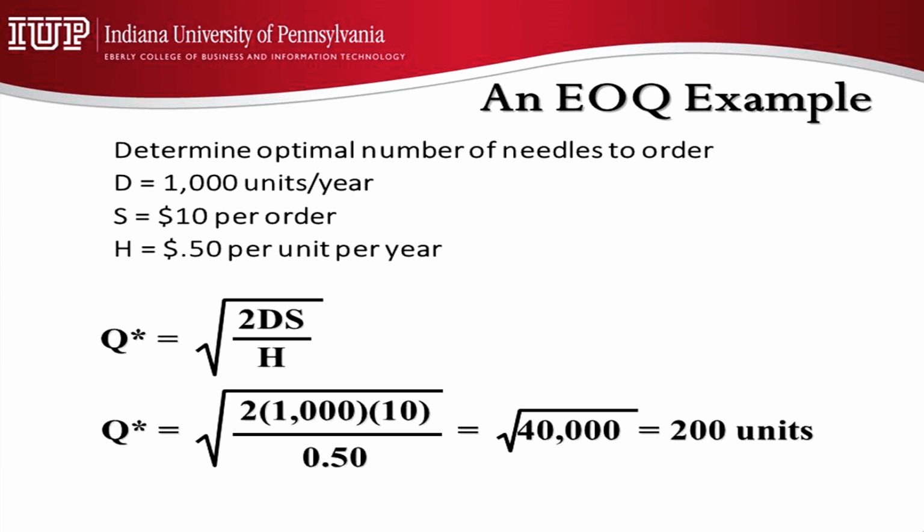The simple steps of doing that are shown here. So the Q star, or the economic order quantity, is the square root of 2DS divided by H. H is also the same as I times C, which we discussed. So the EOQ formula can be plugged into the computer.